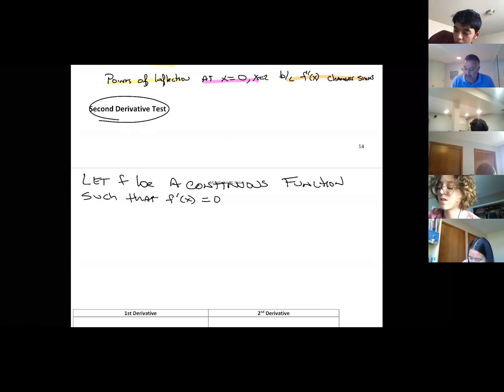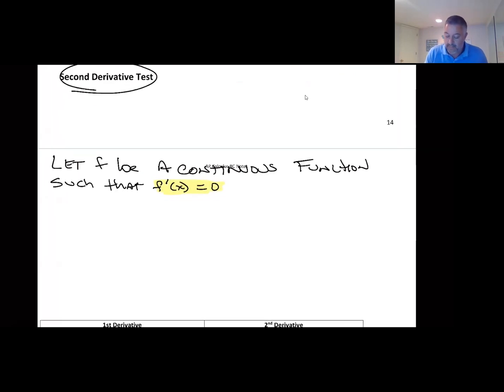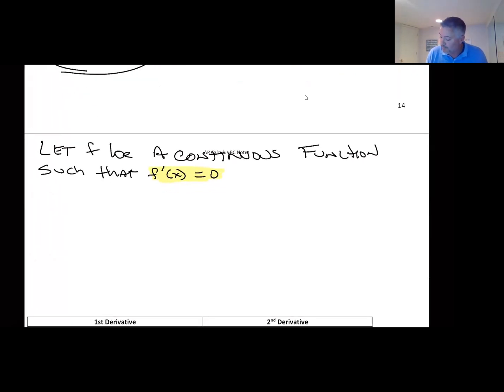This is the second derivative test, and we're going to look at the points, the critical numbers, where the first derivative is equal to 0. Here is where we find critical numbers and relative extrema, right?